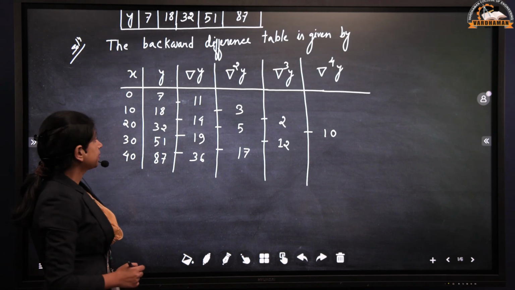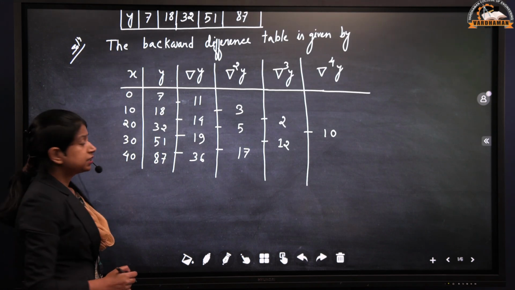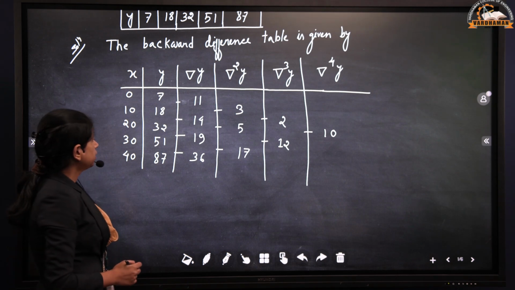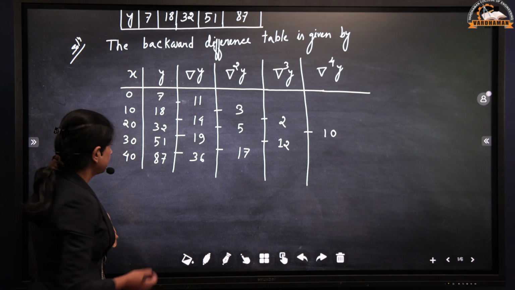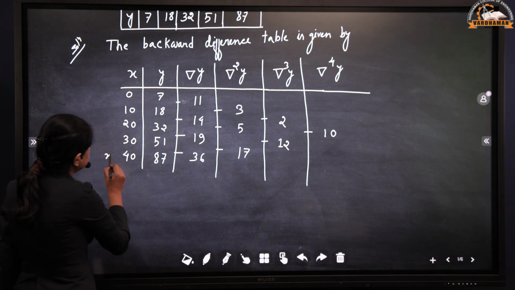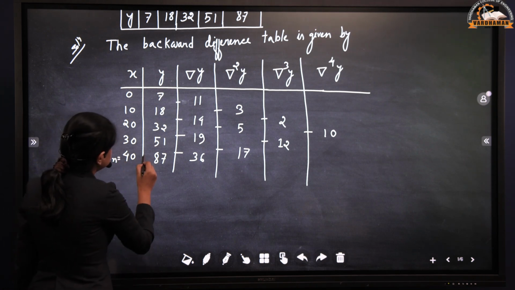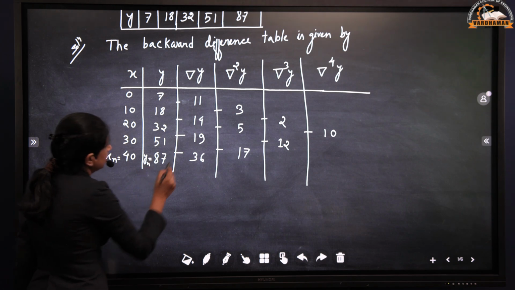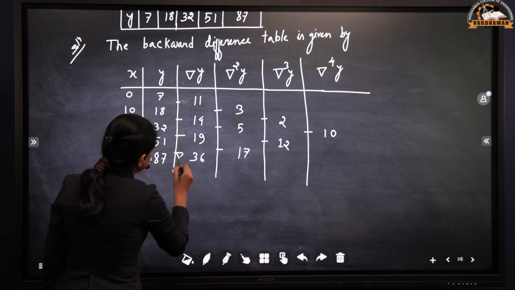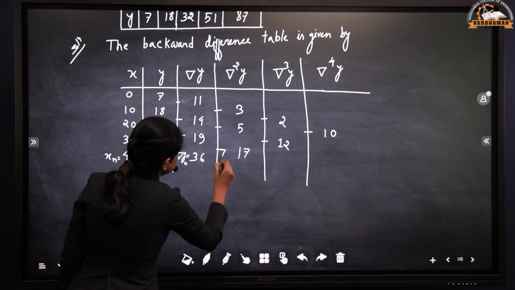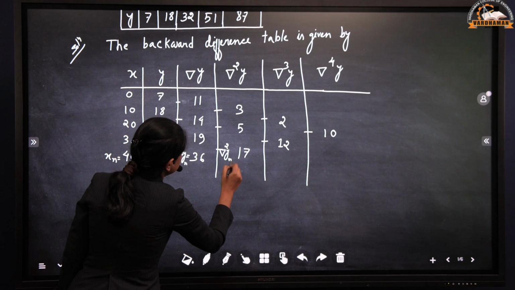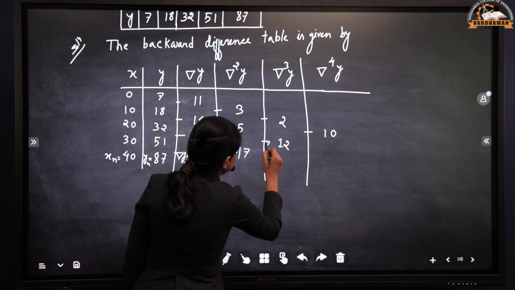Now here, what are the terms that are required in the Newton's backward interpolation formula? So look at this. This is xn. This is yn. This is first backward difference on yn. This is second backward difference on yn. This is third backward difference on yn.